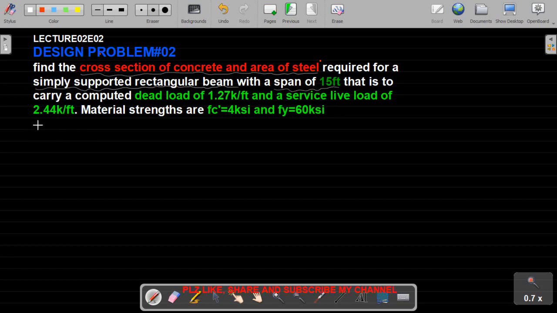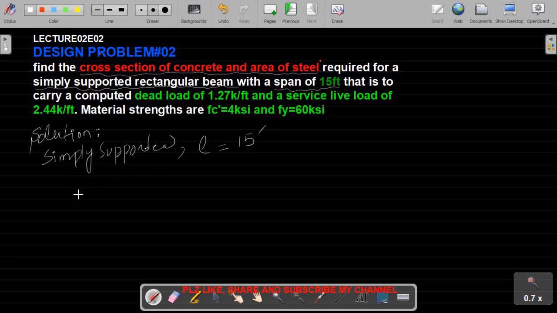So let me write down the data right here. We have a simply supported case, right? We have a span of L equals 15 feet. That is to carry a computed dead load.